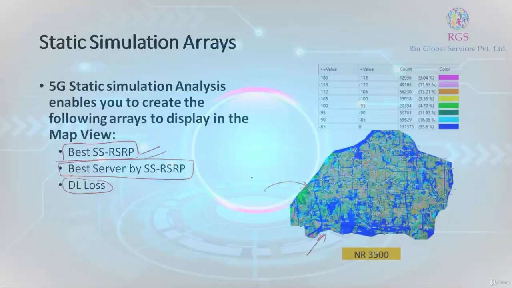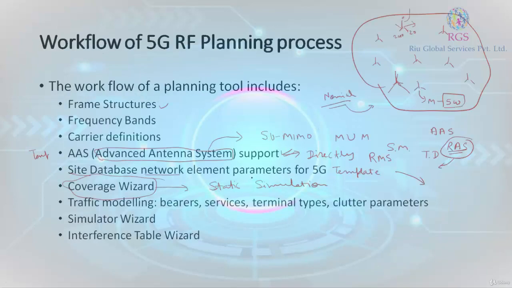These are the information present in the dynamic simulation, but the input required for dynamic simulation is the traffic details. That means the type of services that you are going to use, and the type of terminals that you are going to define. Different types of clutter parameters will also be required for doing the traffic distribution, and what all bearers are there. All these are required.